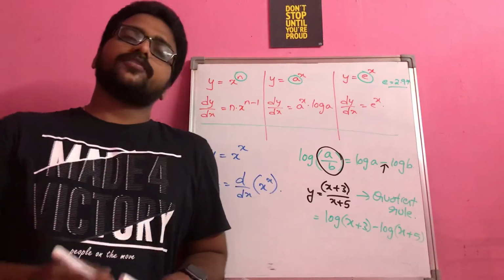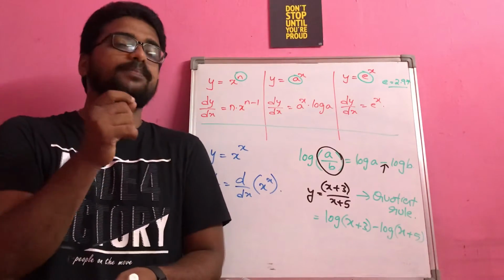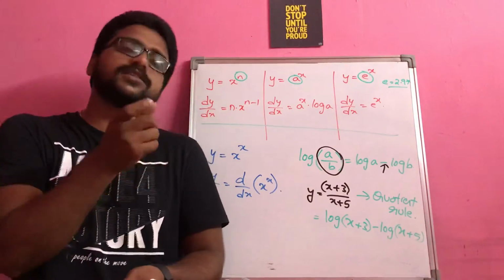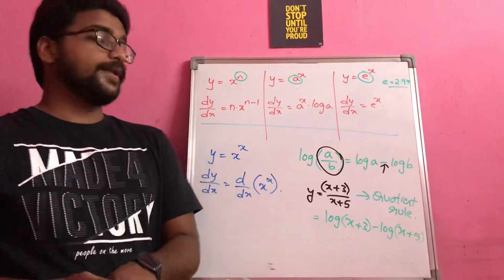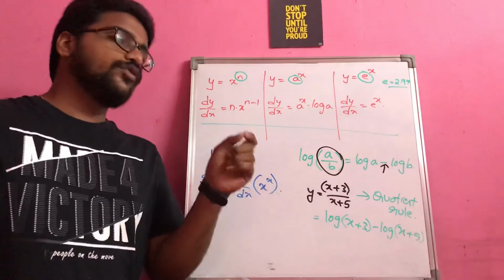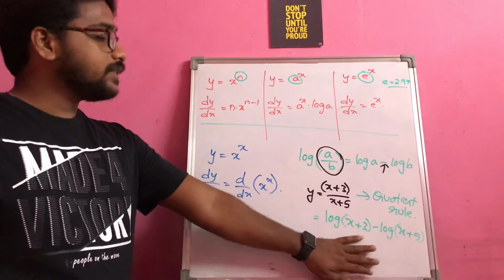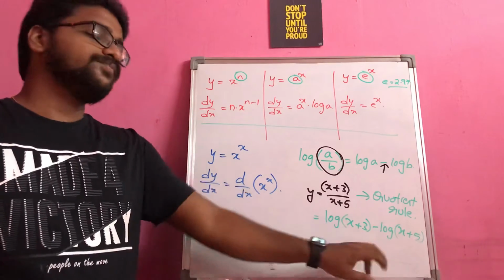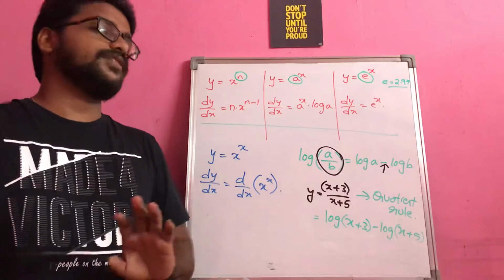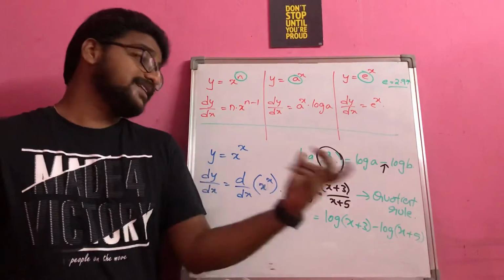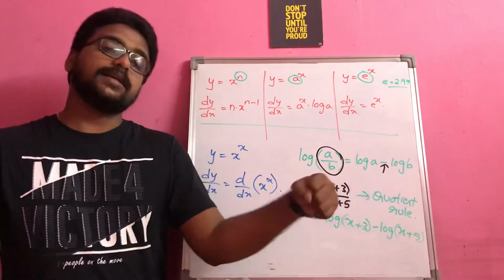Now we know that if you are applying differentiation for addition or subtraction, you can simply split the differentiation for both the terms individually and go ahead with the answer. So previously you had to use the quotient rule and then get the answer, whereas here it is just a subtraction, and straight away you can think of directly applying differentiation for this function. This is one of the applications of logarithmic differentiation.